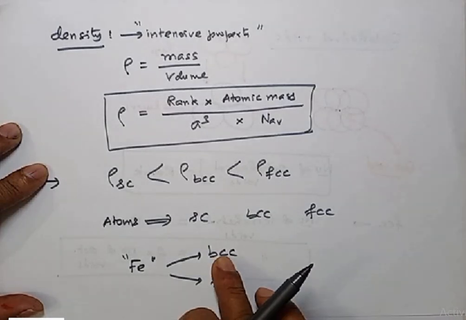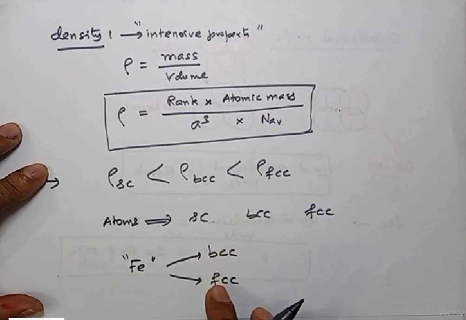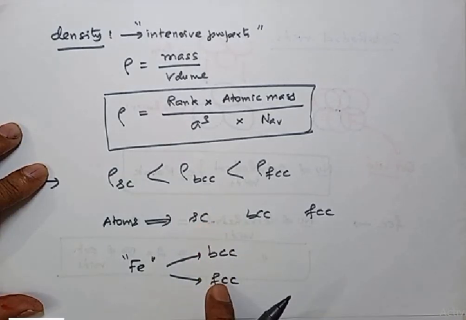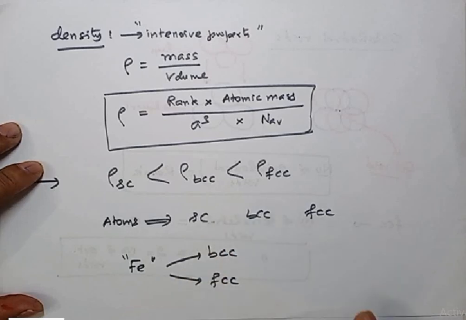But the densities of these crystals are not the same. Though iron atoms form BCC as well as FCC, the densities are not the same because the rank for BCC is 2 and the rank for FCC is 4. Therefore FCC has a somewhat higher density compared to BCC.